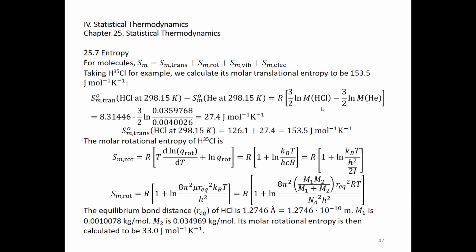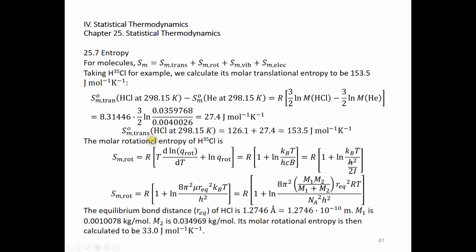So you can have a wilder distribution of those molecules in more translational energy levels in HCl. Now let's look at the translational molar entropy of HCl. It's 27.4 more than helium. So if I sum it up, I get 153.5 joule per mole per Kelvin.